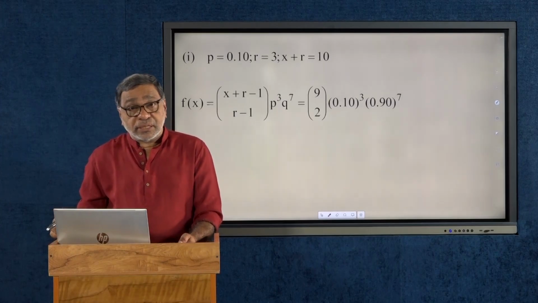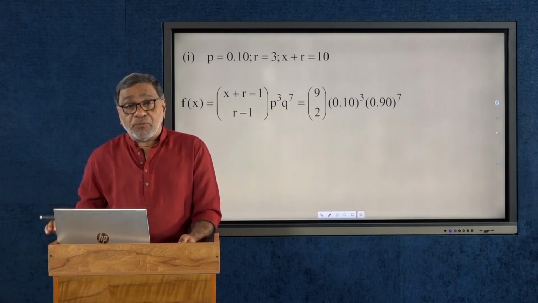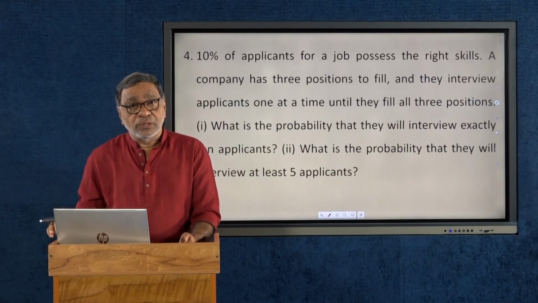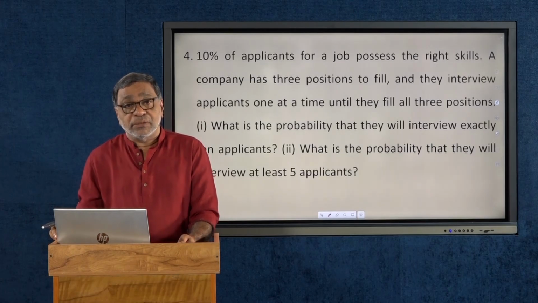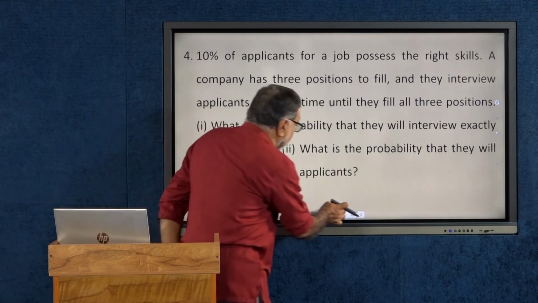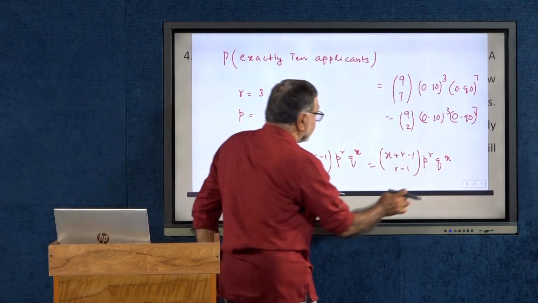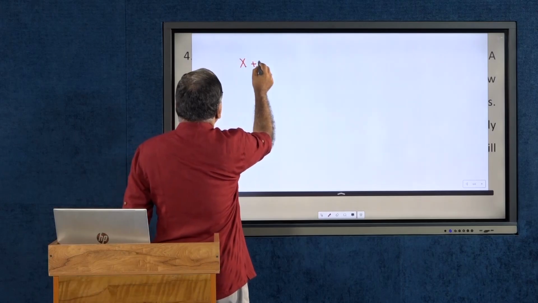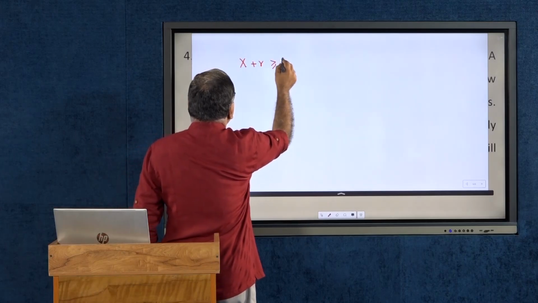And then the second part of the question is, what is the probability that they will interview at least 5 applicants. So, that also we have to find. They will interview at least 5 applicants means x plus r greater or equal to 5.